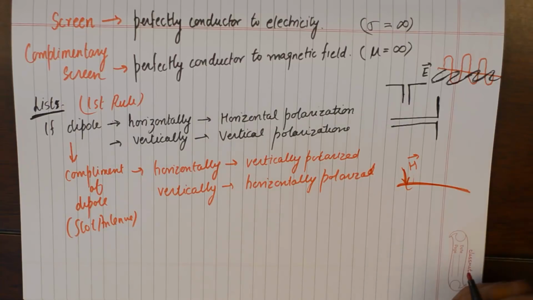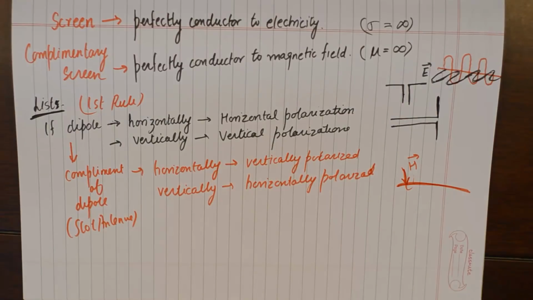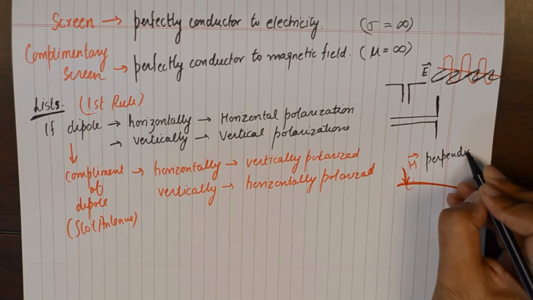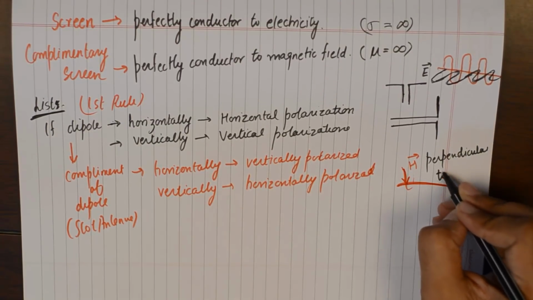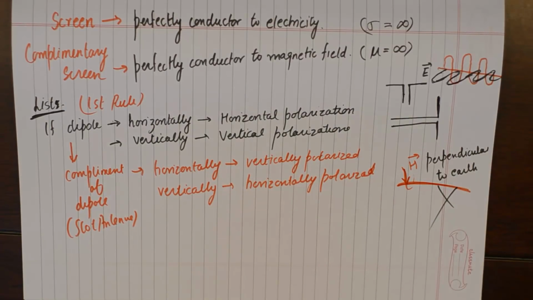So we would never want the magnetic field to be perpendicular to the earth. H perpendicular to earth is a big no, because it is going to dissipate all its energy as charge into the earth.